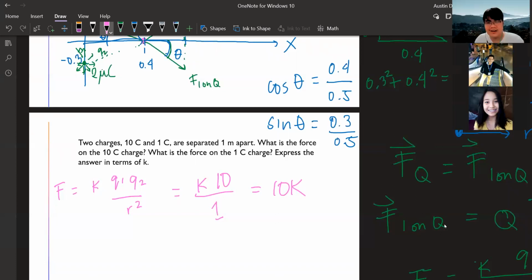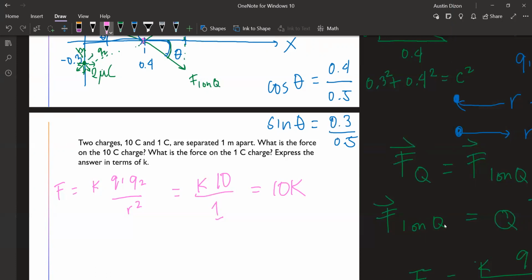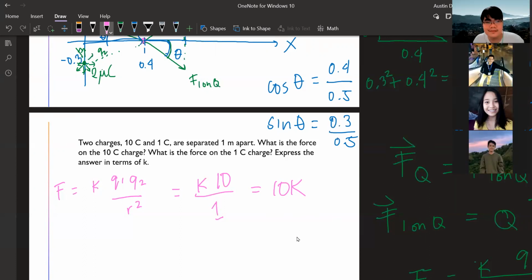Okay na, lipat na ako ng tao. Si Ren. Sir? Okay. What is the force on the 10 coulomb charge? Wait, sir. 90 times 10 to the 9th Newton.